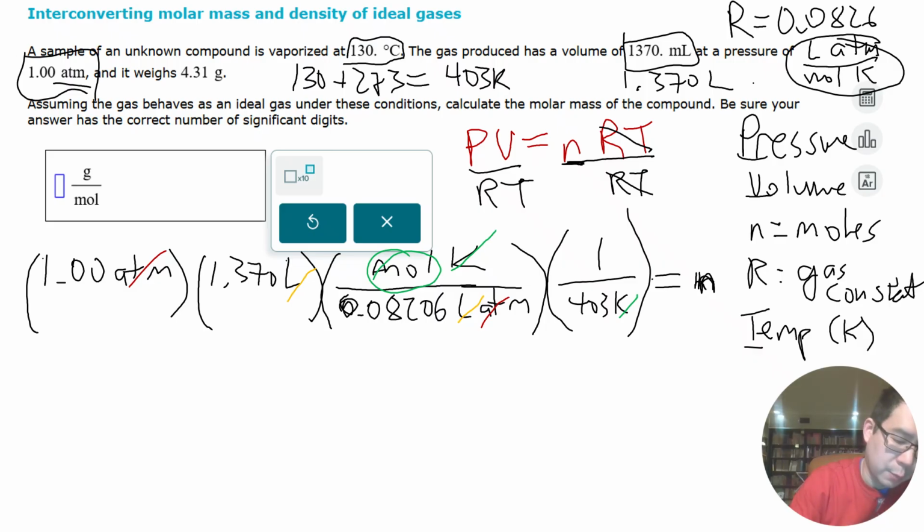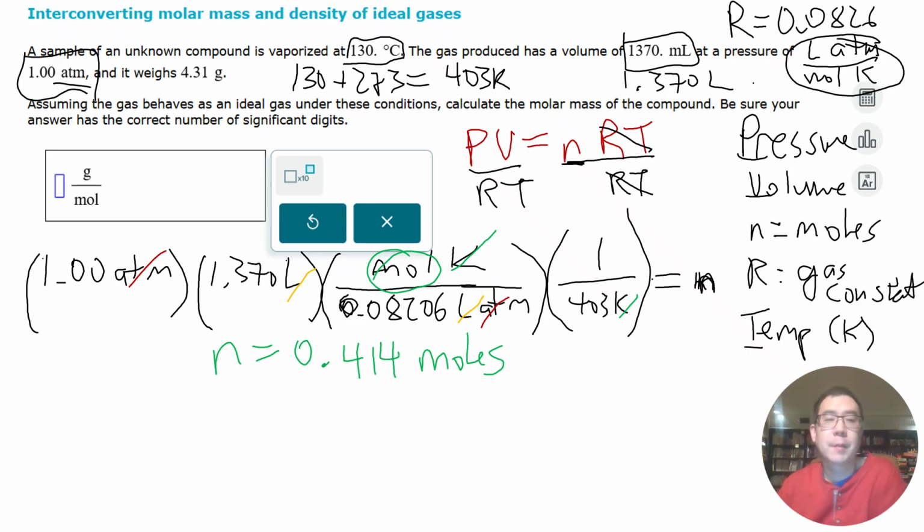And so when I do that math, 1.00 times 1.370 divided by 0.08206 divided by 403, I get n equals 0.414 moles. Almost done, right? I have moles, and that's this part of the equation.